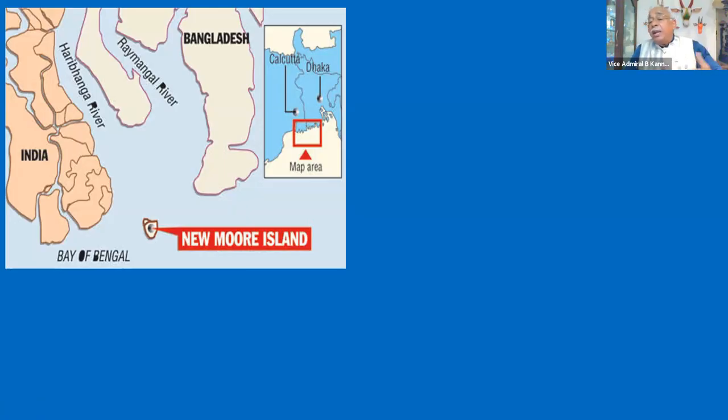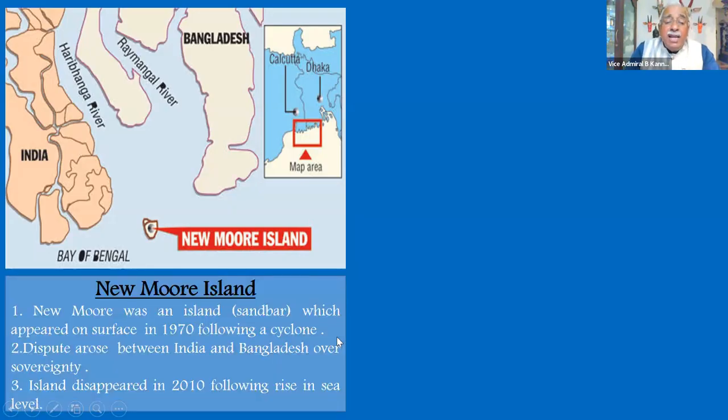Then India had to intervene, saying this is not your island, this is in our part. There was a big controversy on that, and this island actually appeared on the surface in 1970 following a cyclone, when a sand collection built up an island.